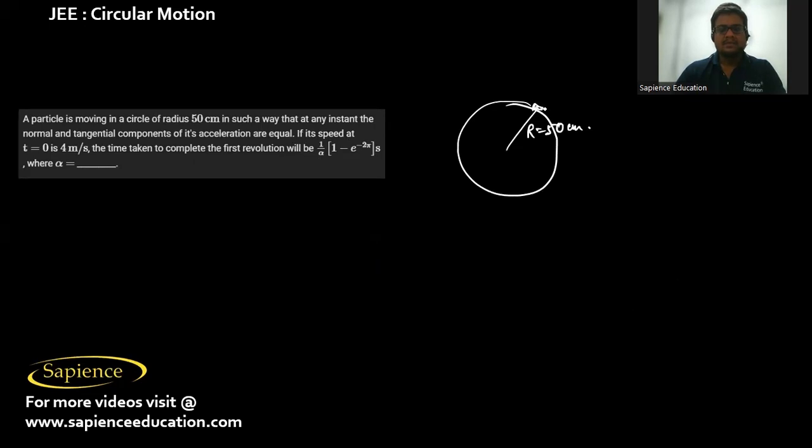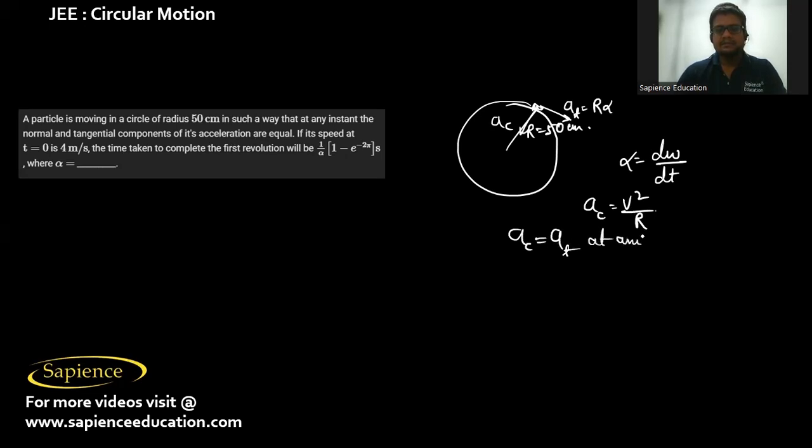So its tangential acceleration is equal to r alpha, where alpha is equal to d omega by dt, the rate of change of angular speed, and AC is the normal component, which is the centripetal acceleration, which is v square by r. And then it is told that AC is equal to AT at any time t.